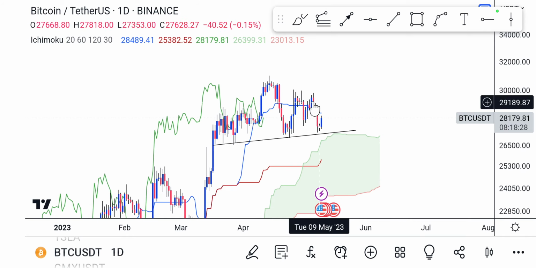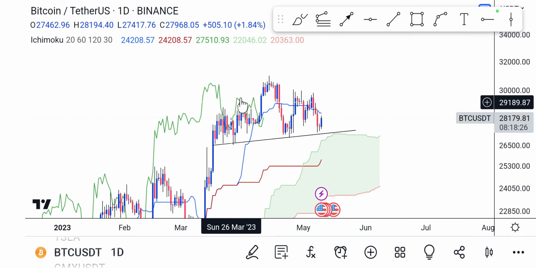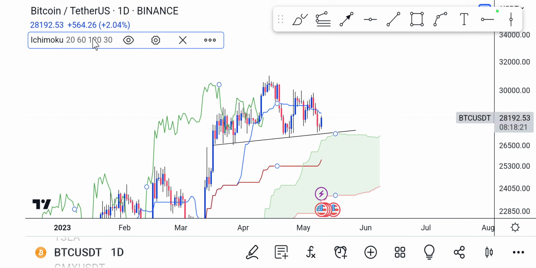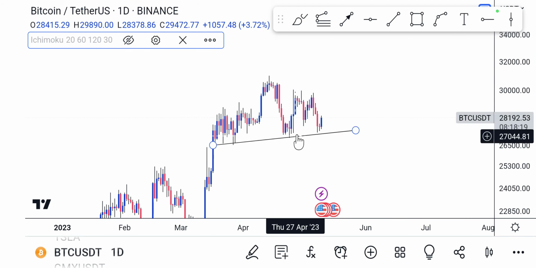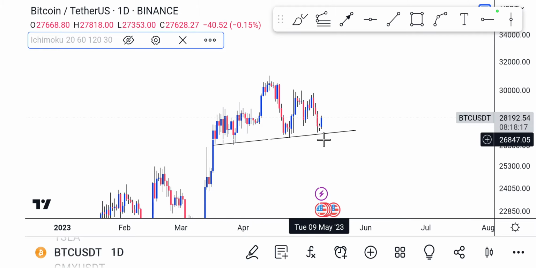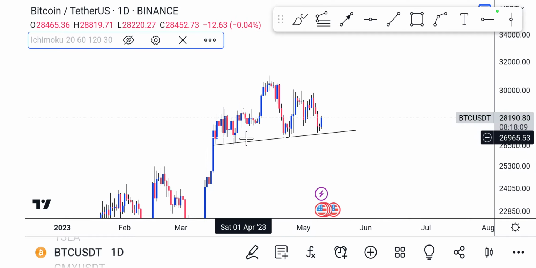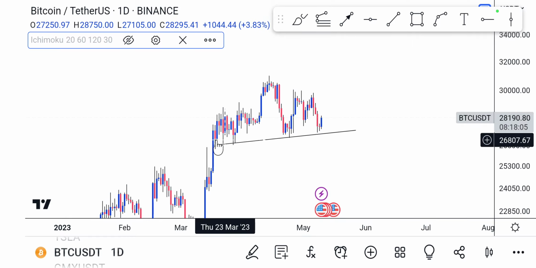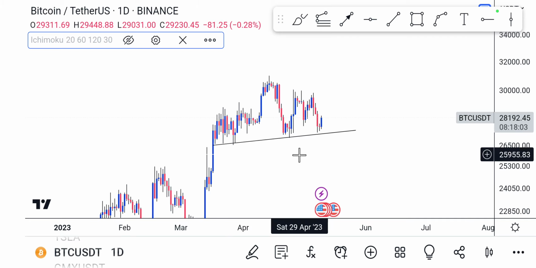Like I said, before we can say this head and shoulder top is valid, we want this neckline, this upsloping support, to be broken to the downside. If we don't get that break to the downside, it's not a valid chart pattern. So for now, we're just hoping and waiting to see if it will break this upsloping support.